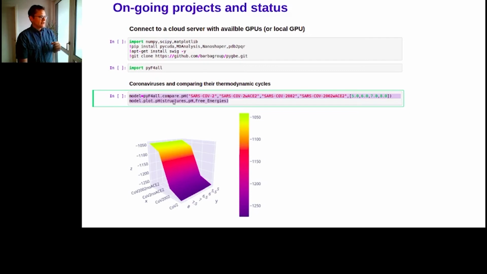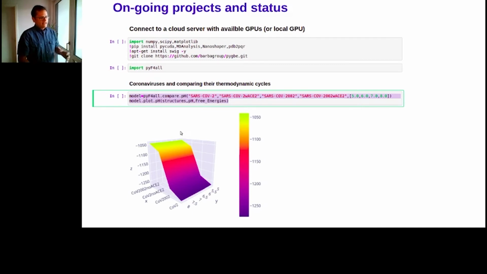And then we do a plot with pHs in the x coordinate. We have the structures we name. In this case, our structures come from MD simulations, all atom simulations, 320 nanoseconds. It doesn't mean that Pi4All is performing the simulations, but it has already a database with the structures inside. And then in the y-axis, we plot the pH, and in the z-axis, the free energies.